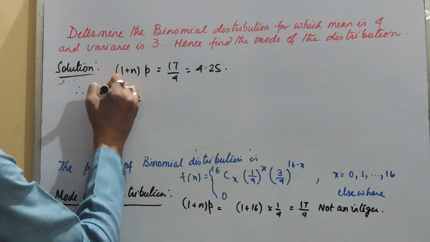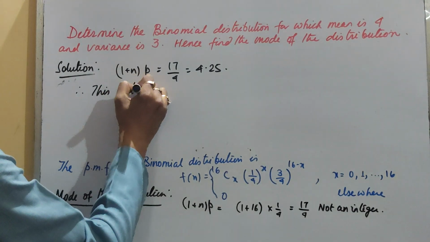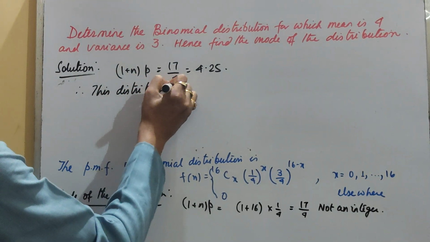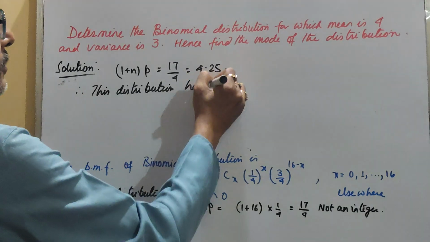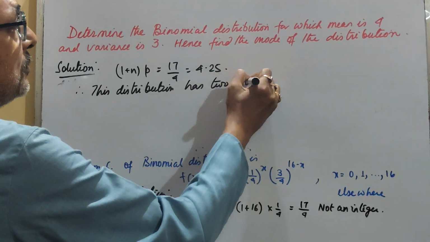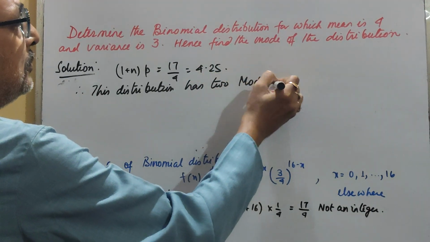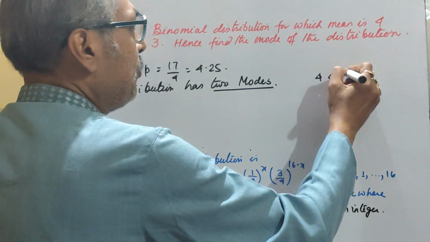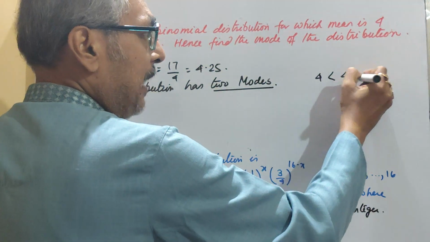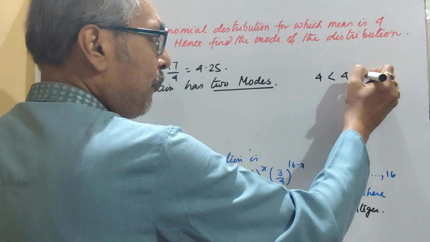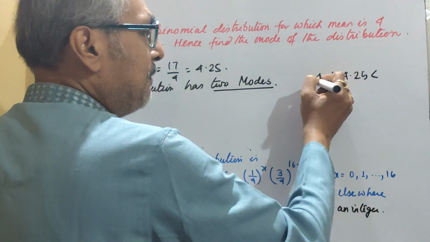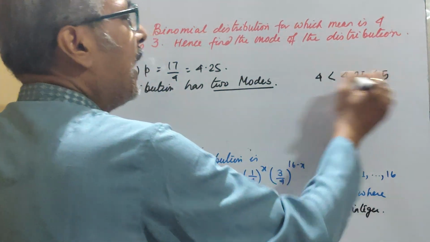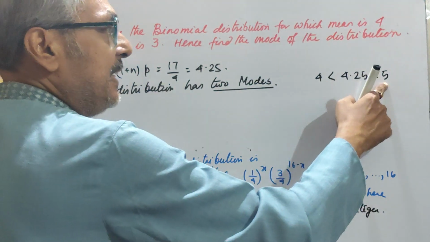Therefore, this distribution has two modes, a bimodal distribution, and 4.25 lies between 4 and 5. These are the two integers.